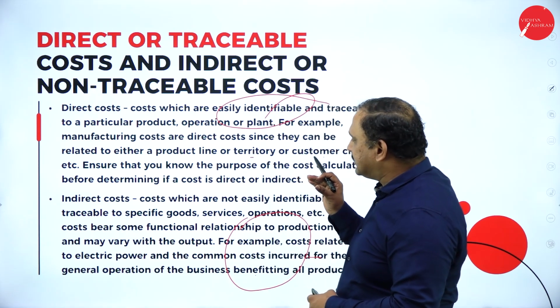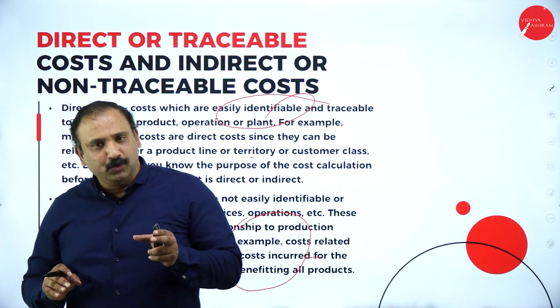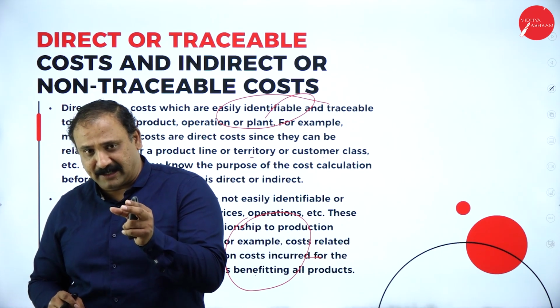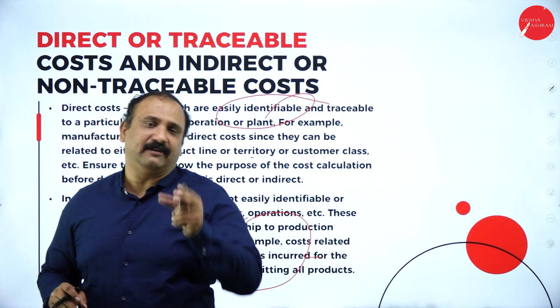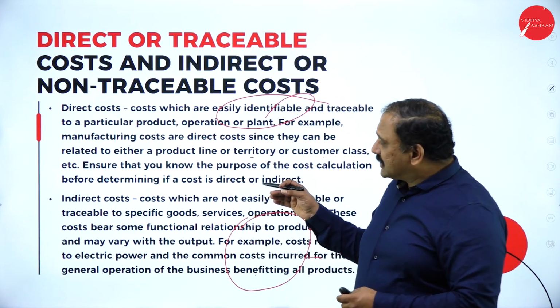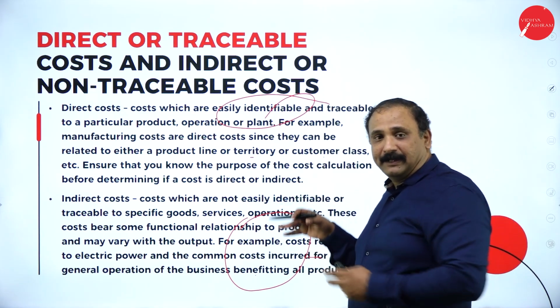So whenever I say there is something called a direct cost, that means you are directly pointing at some particular cost factor related to that territory, that zone altogether. That's where a direct cost becomes easily identifiable in nature.